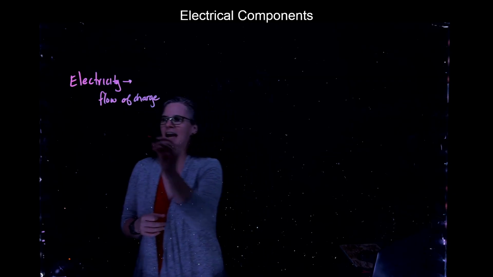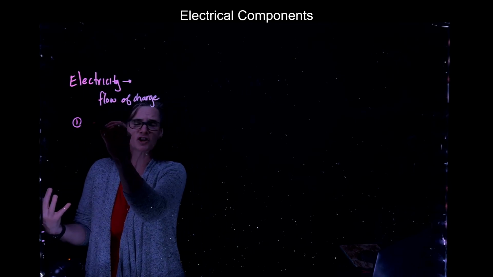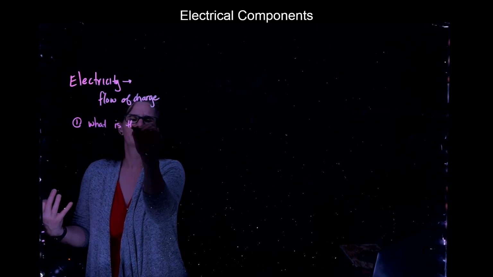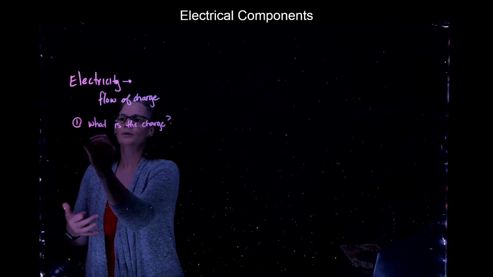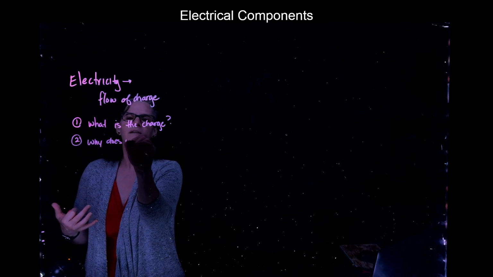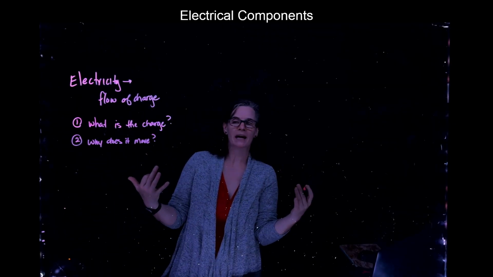Three questions are going to answer that for us. One, does the charge exist? So what is the charge that we're talking about? Two, why does it move? Because we have to make sure that it does move to get a flow.